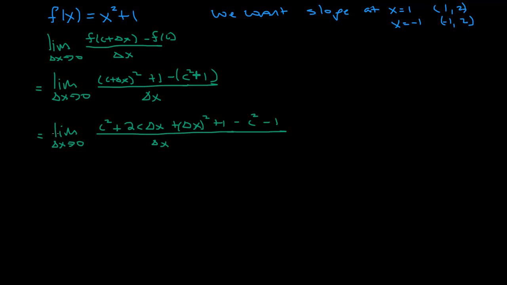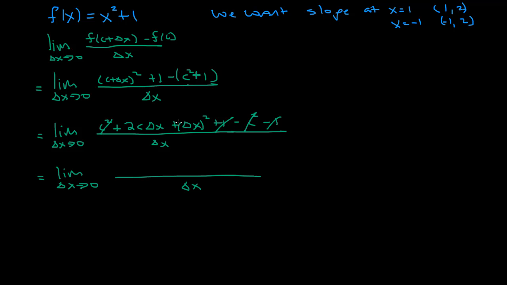But we're good now. Now notice what happens to this big, nasty limit. A lot of stuff is about to add to 0. So we have the limit as delta x approaches 0. There's still a delta x on the bottom, but look, see what happens here. Those go. Negative c squared, positive c squared. Plus 1, minus 1.